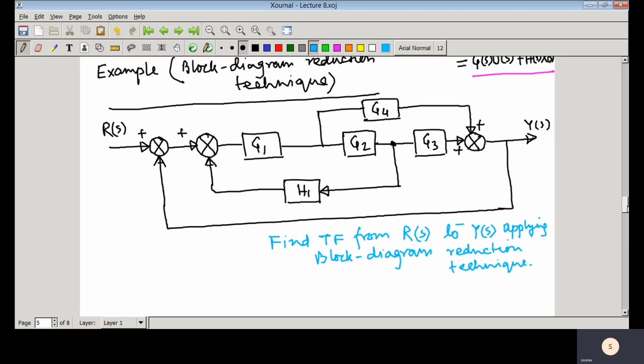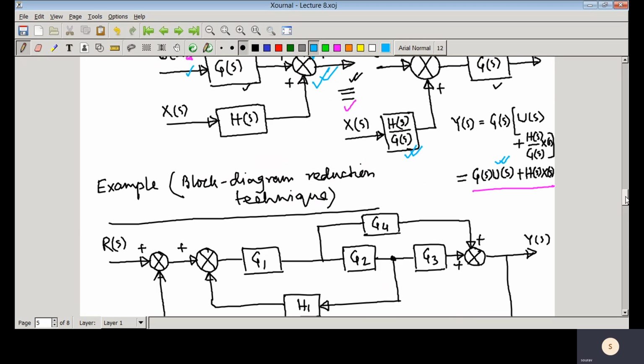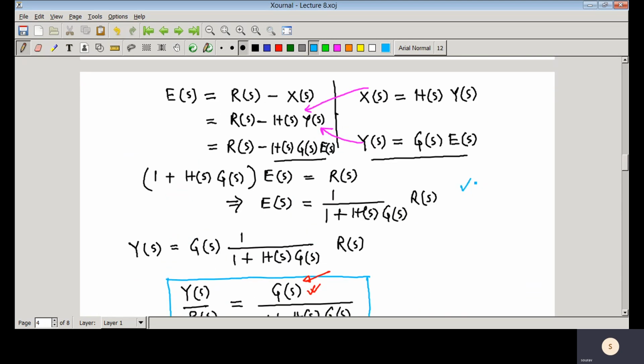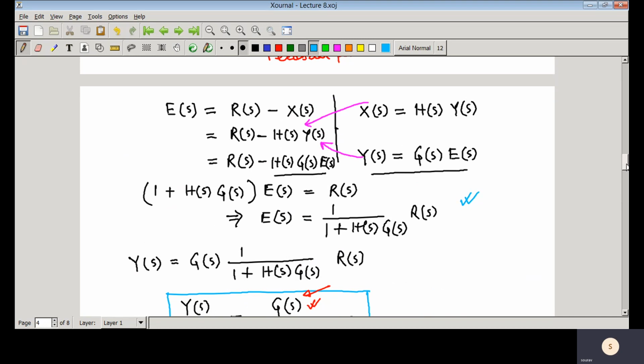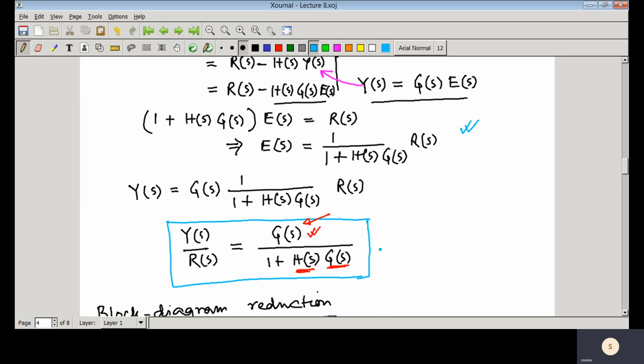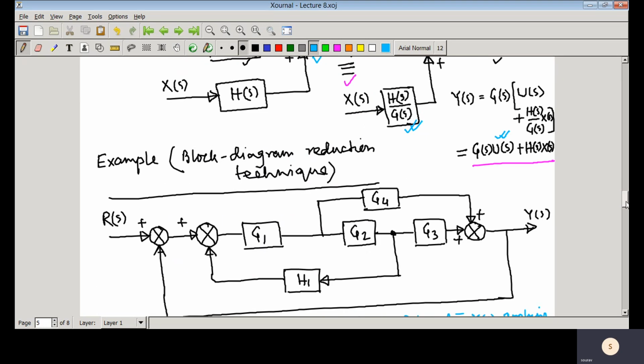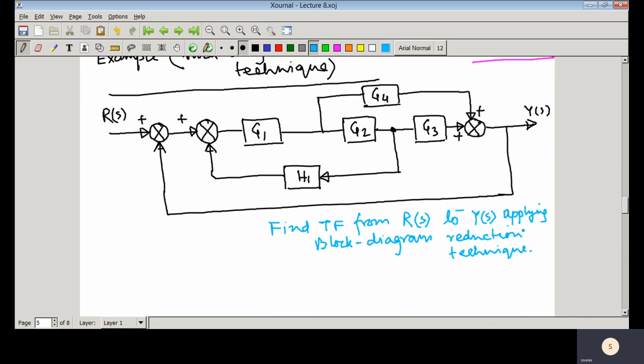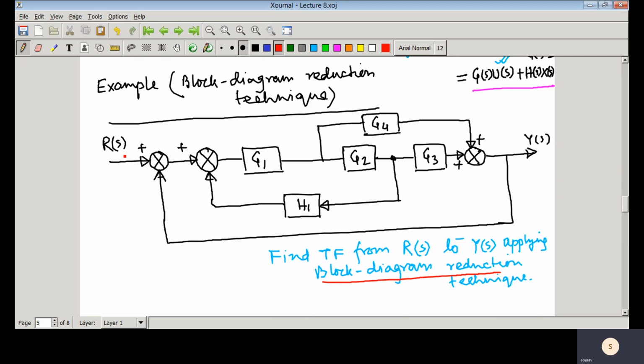The other technique is what you have done in the previous example. That means you simplify all the algebraic equations involved in the block diagram and find the transfer function. But here we'll be applying the block diagram reduction technique to solve this particular problem. So we need to find the transfer function from Rs to Ys, and we'll show all the steps.